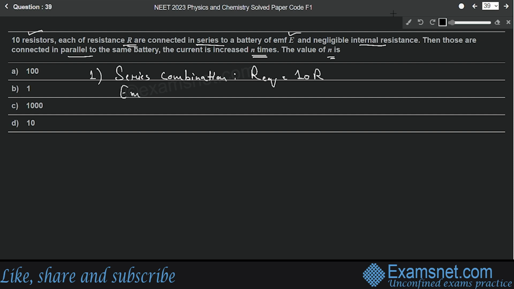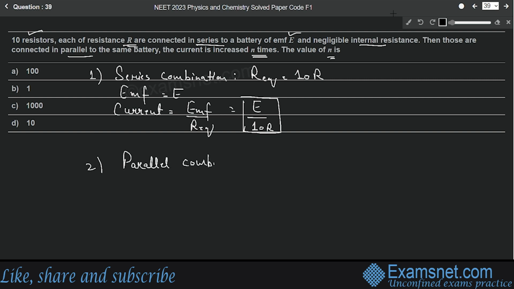Then the EMF of the battery is given as E. So what will be the value of current? Current will be equal to EMF by R equivalent, that is E by 10R. So this is the value of current in the first case. Now, in the second case, the same resistors are connected in parallel, so there is a parallel combination of resistances, and this time the equivalent resistance will be equal to R by 10, in case of parallel.